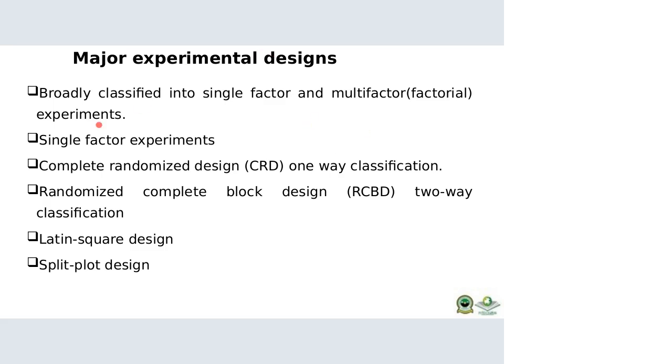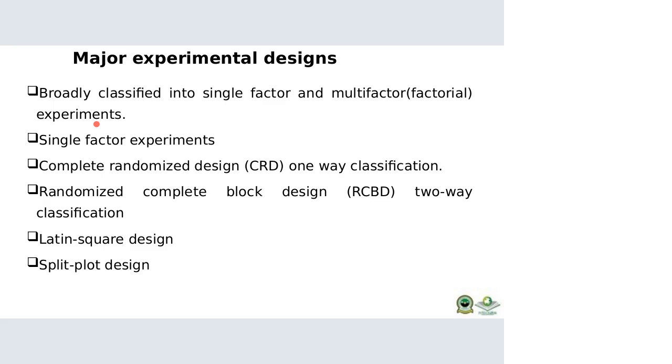So we have a few major experimental designs. There are quite a number of them, but we're going to restrict ourselves to just a few. The single factor, and also the two-way classification and the one-way classification, because it's not necessary for us to know all that.